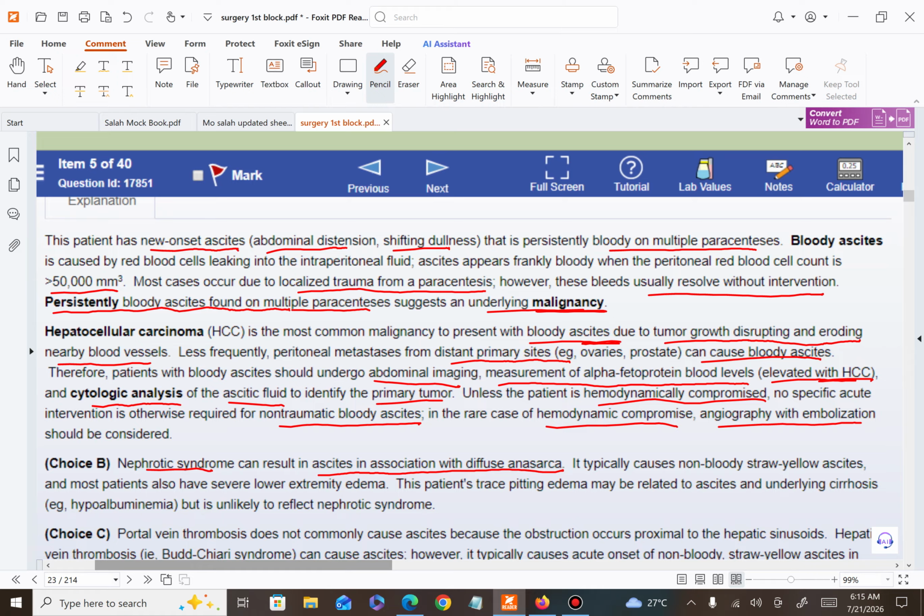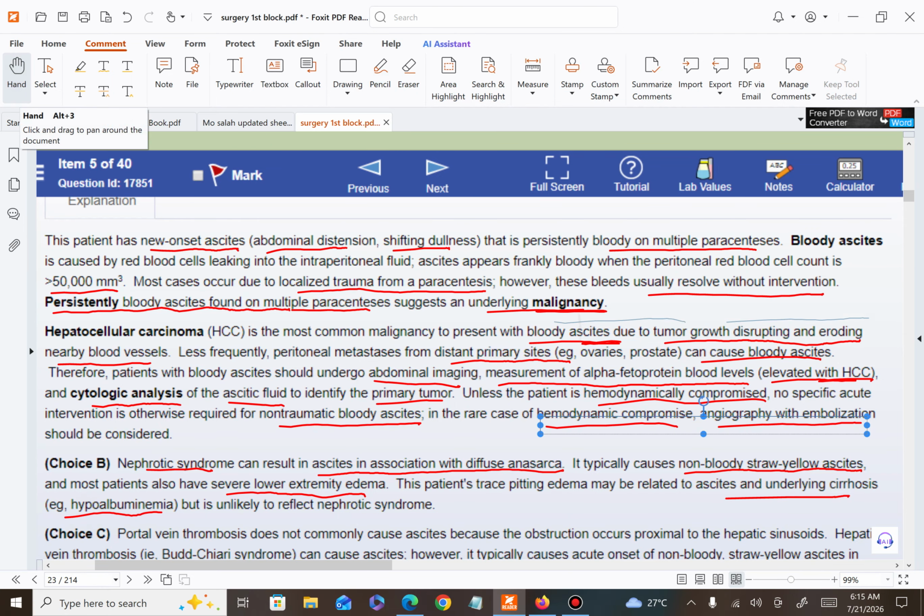It typically causes non-bloody straw yellow ascites, and most patients also have severe lower extremity edema. The patient's trace pitting edema may be related to ascites and underlying cirrhosis, for example hypoalbuminemia, but is unlikely to reflect nephrotic syndrome.